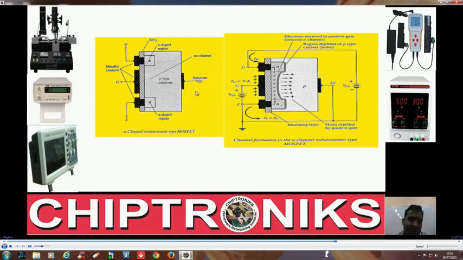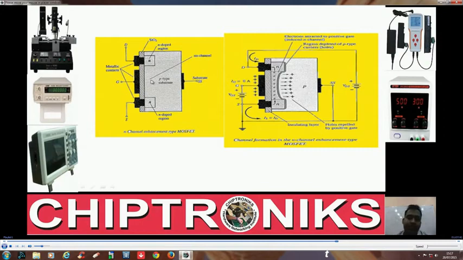And in this slide, this is an N channel enhancement type MOSFET. When I say MOSFET, I mean enhancement type. So from now on, I'll use only MOSFET, but I am referring to an enhancement type MOSFET.